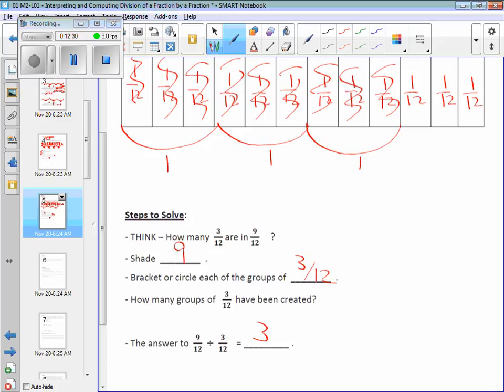Now I'm curious, just from these two examples, does anybody see the shortcut? Tyler. I think that's just a coincidence.